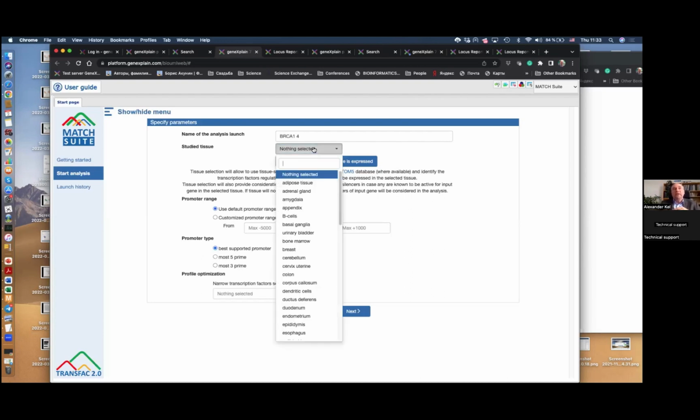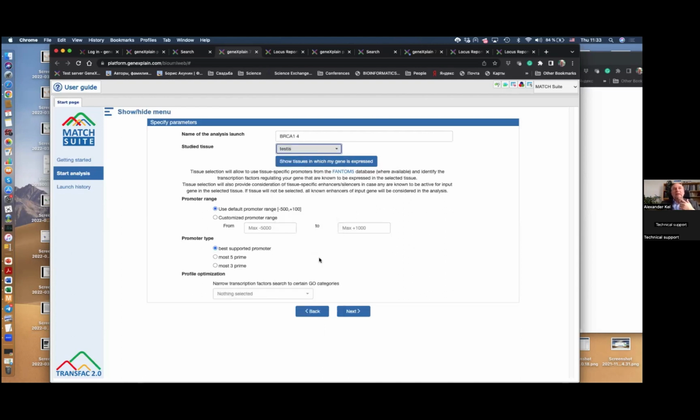If we select a tissue, like testis, then it will choose the promoter of that gene acting in testis, and also, if there are known enhancers in testis for that gene, it will select those enhancers.